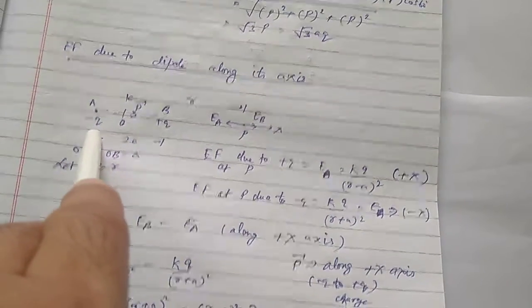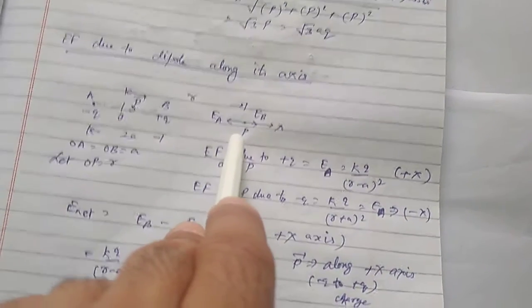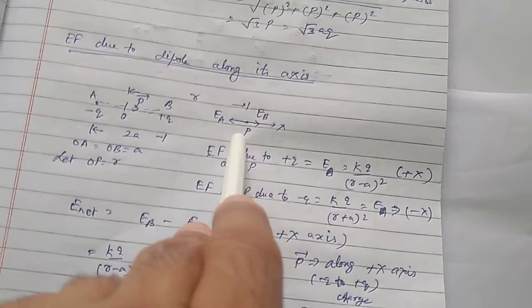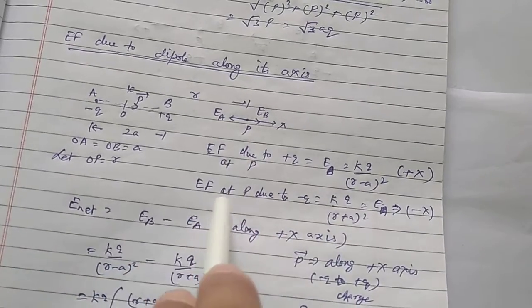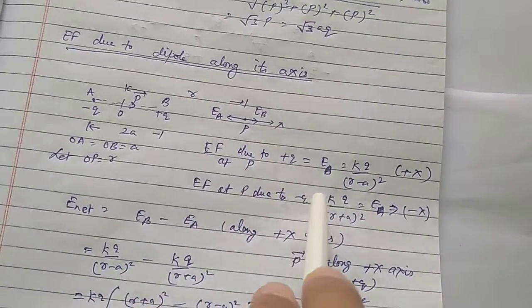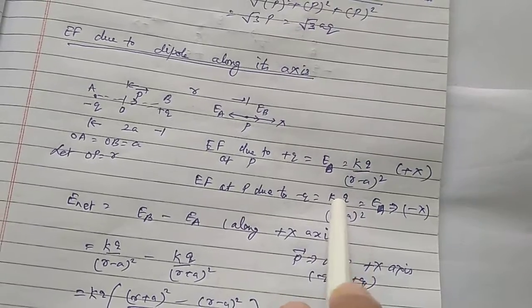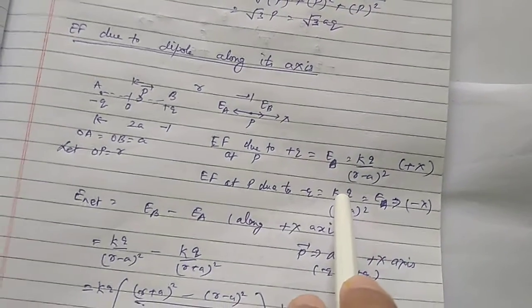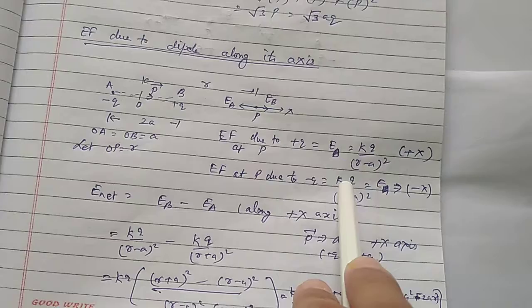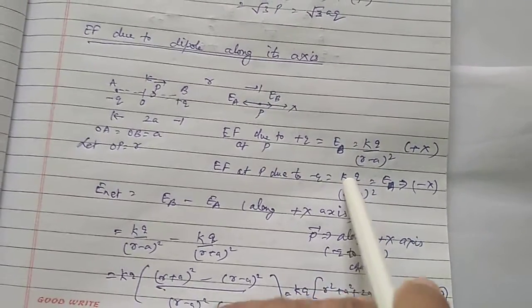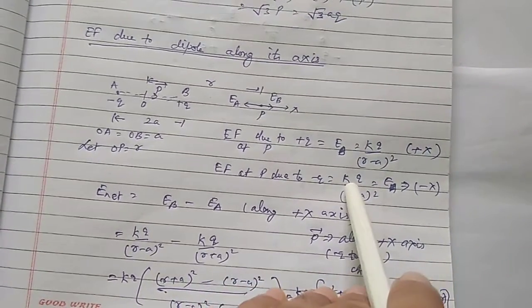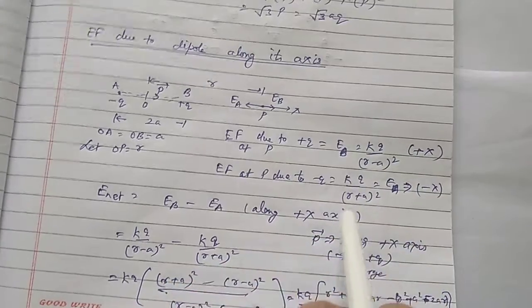Now, the minus q charge is going to attract the test charge towards itself. So the electric field at P due to minus q is kq. You are not supposed to write minus here, because we are taking that in the sense of direction. So here I am writing only the magnitude. This thing has to be kept in your mind.